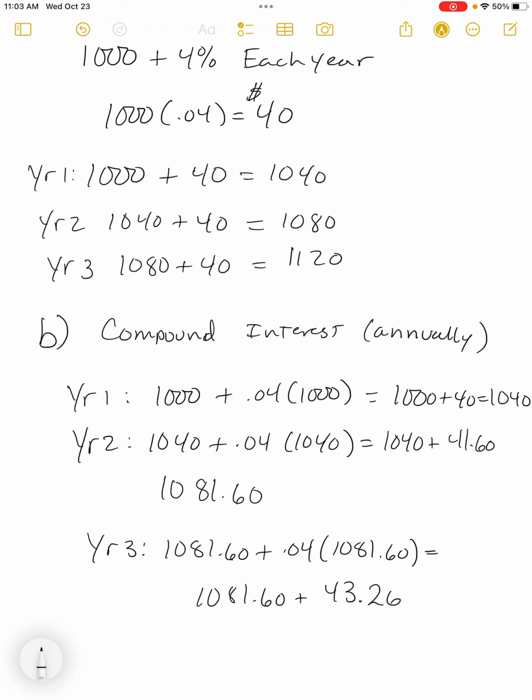So if I take my 1,081.60 and add $43.26, I get a whopping total of $1,124.86. So you can see that my amounts are different.